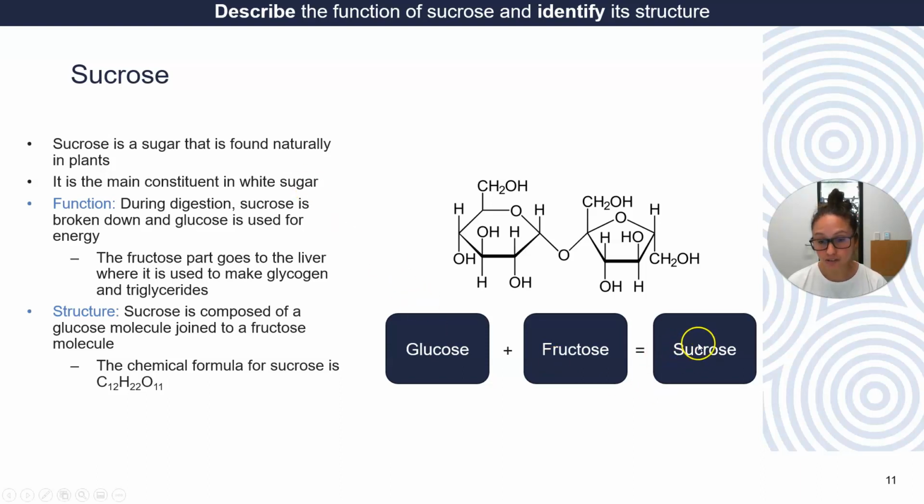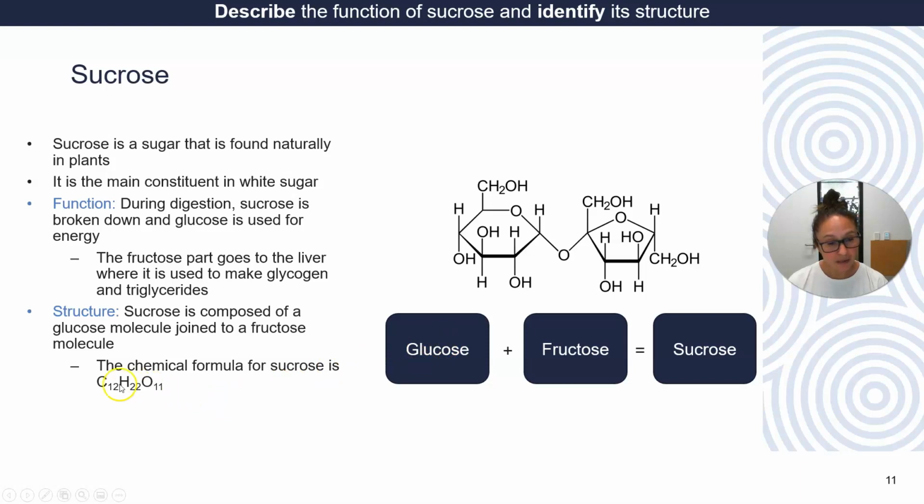So sucrose is just a glucose molecule joined to a fructose molecule. Easy peasy, okay? So when we get sucrose, we split it up and we use glucose for energy, all right? And later on when we talk about cells, we will learn about exactly how our cells do that, okay?